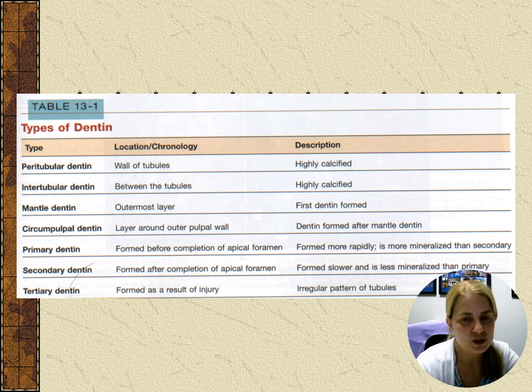That is formed slowly, that's less mineralized, and that's the kind of dentin that is formed throughout life that is very close around the pulp. Then we have tertiary or reparative dentin, which is formed as a result of an injury. So there's an irregular pattern of formation of that tertiary or reparative dentin in response to an injury.